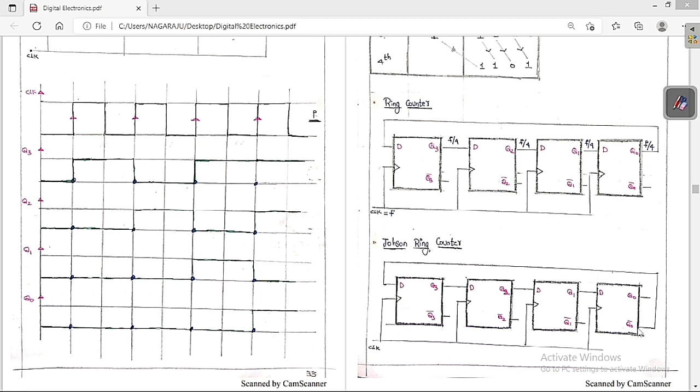Listen carefully. So this is basically D0, D1, D2, D3, Q0, Q1, Q2, Q3, and Q0 bar, Q1 bar, Q2 bar, Q3 bar. Q3 is given as input to D2, Q2 is given as input to D1, and Q1 is given as input to D0. If you take feedback from Q0 bar to D, it is called a Johnson ring counter.